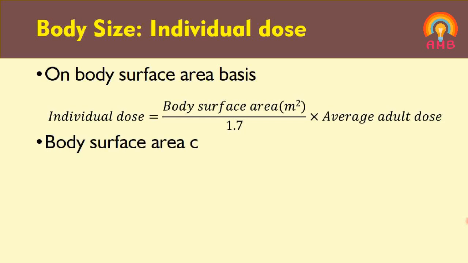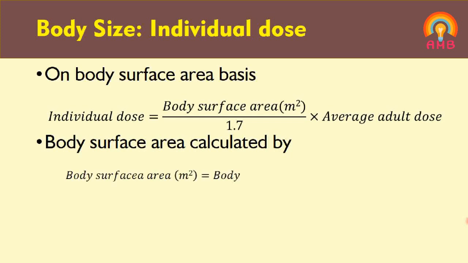How is it calculated? Body surface area can be calculated by using a formula: body surface area in meter squared is equal to body weight in kilogram into height in centimeters into a factor, that is 0.007184.